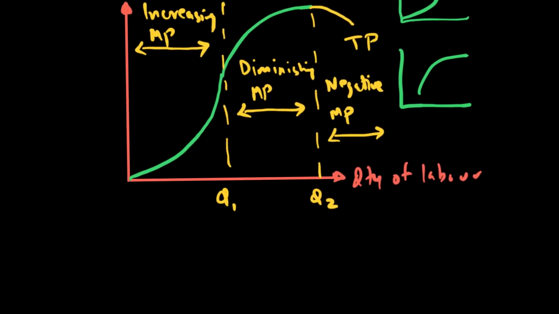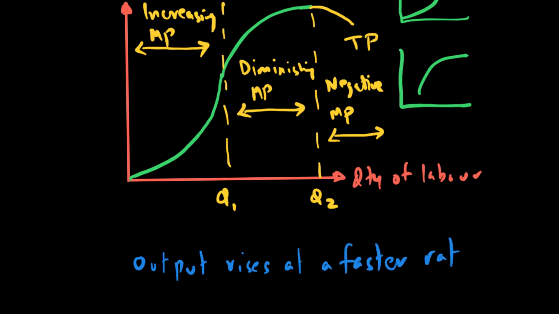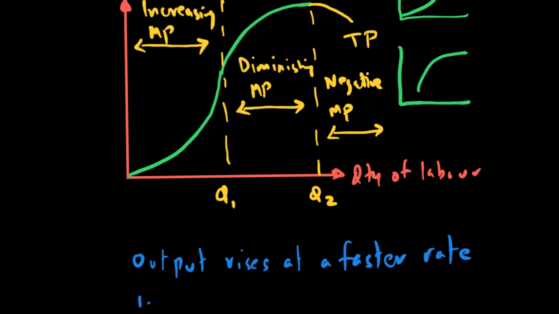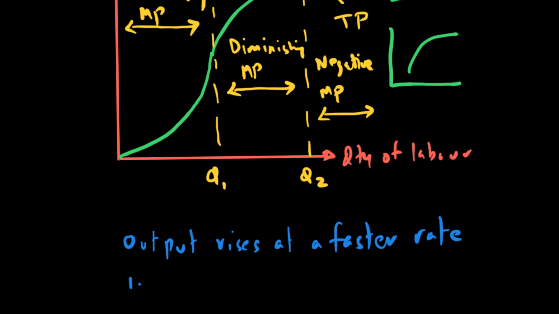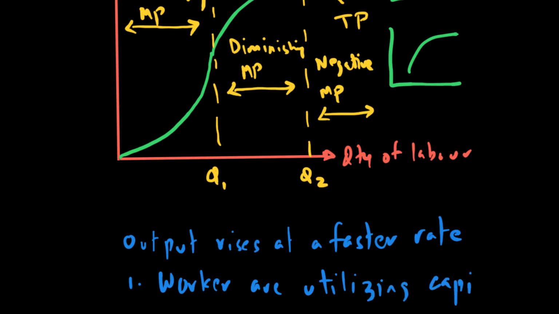Number one, the reason why output rises at a faster rate is because workers are utilizing capital better.